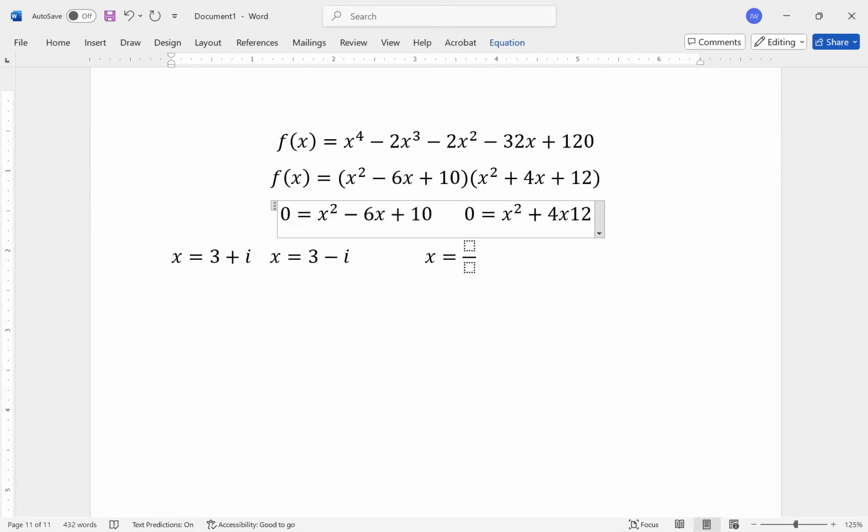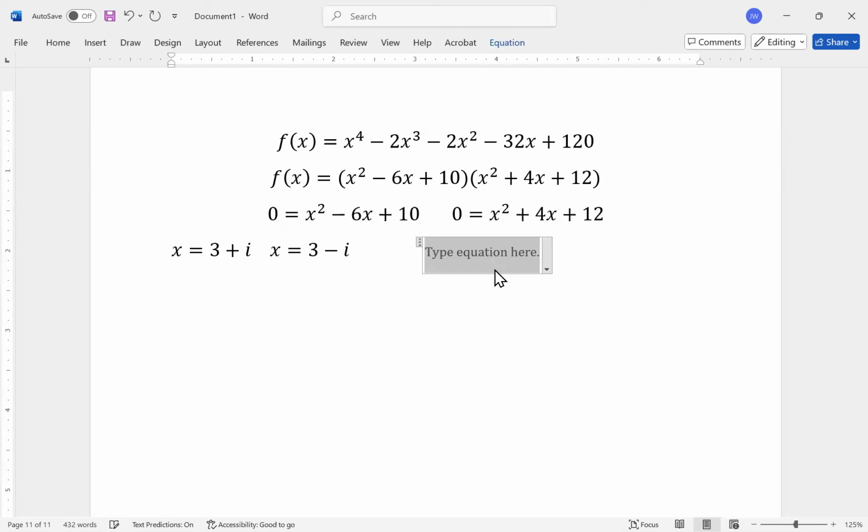No, it does factor. Do factors of 12? Yeah, I can actually solve that second one. Excuse me. I didn't even realize that. Nope. Can we factor? No, I'm sorry. We cannot factor. There's no factors of positive 12 that add up to a positive 4. If we had a negative 12, we'd be good to go. But in this case, no factors of positive 12 that add up to a negative 4.